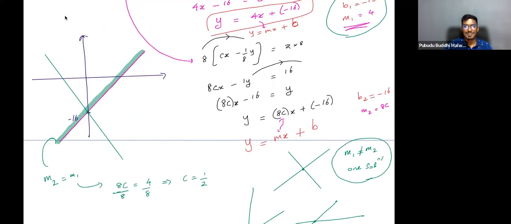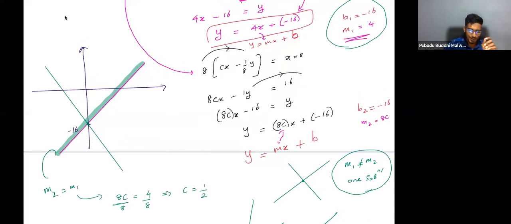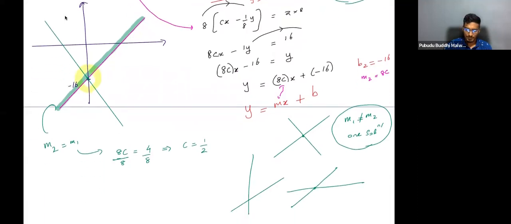What about no solutions? In this case, you can't get no solutions. Why? Because both of these lines should go through this point. So if both of those lines go through that point, there must be at least one intersection point, because definitely there will be an intersection at that point. In other words, for the no solution case, we need different y-intercepts.